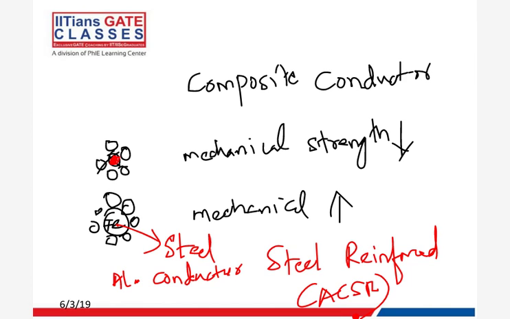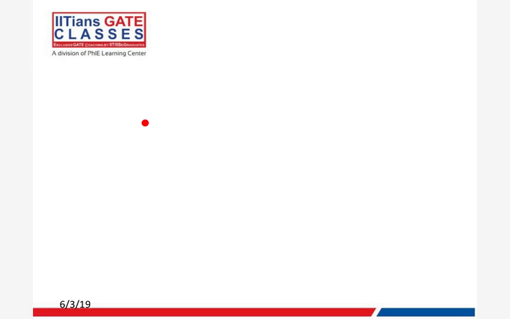Okay. So the way we tend to represent an ACSR line is like ACSR 6 by 1, right?